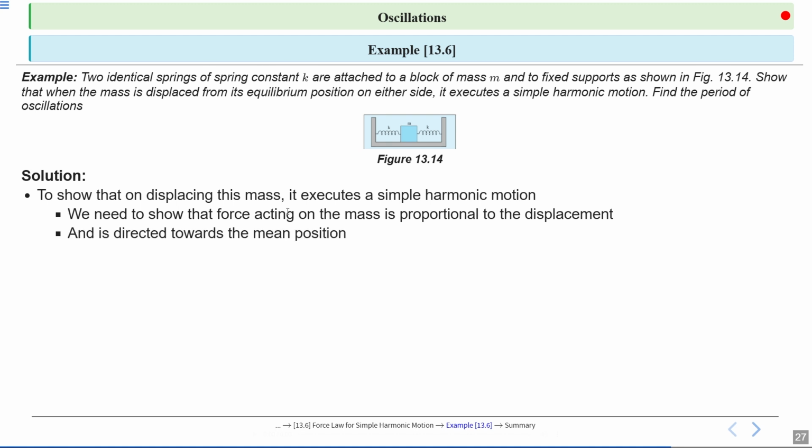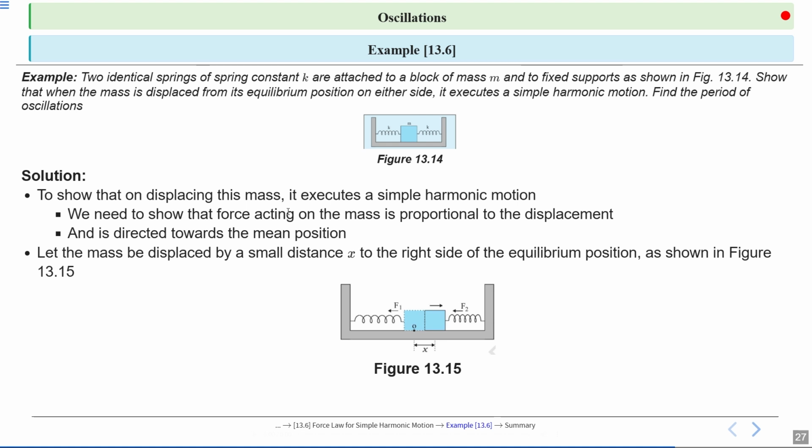The second requirement is that the force must always act towards the mean or equilibrium position. This means that no matter which side we move the block to, the spring will always try to pull it back to the center. This restoring force is what causes the oscillatory motion.